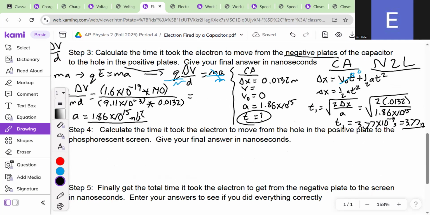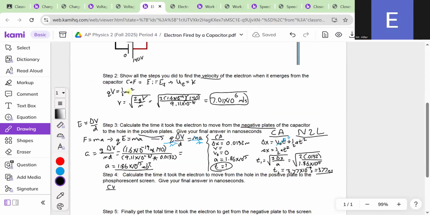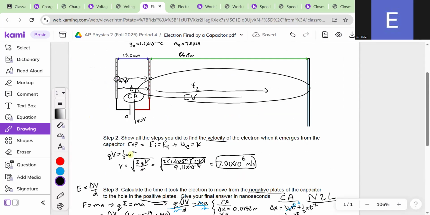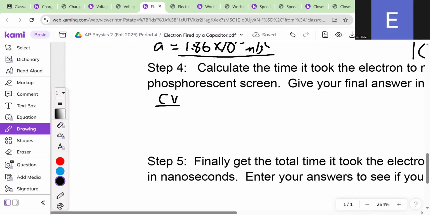Time 2 is much easier because time 2 is a constant velocity problem as the charge moves across here. It's constant velocity because there's no force pushing it. Therefore, it's going to move at the same constant speed. So now you're just going to go delta x for region 2 equals the velocity times the time.